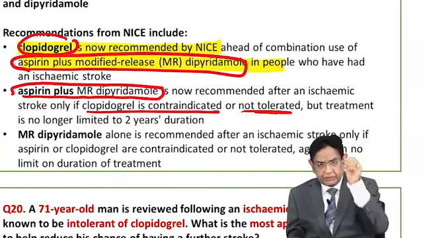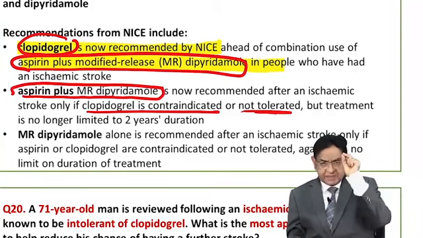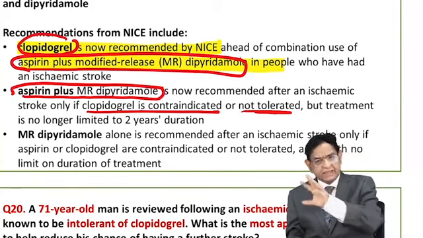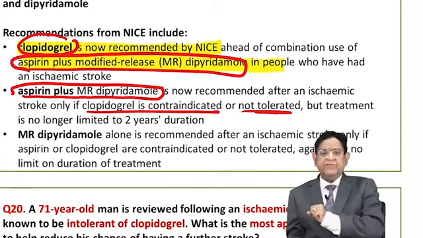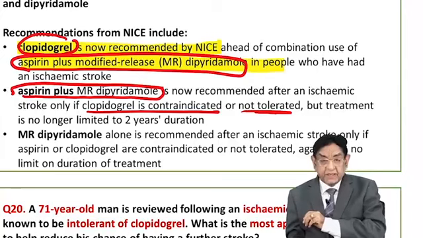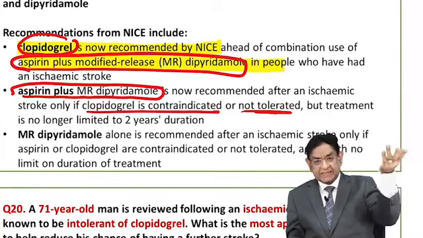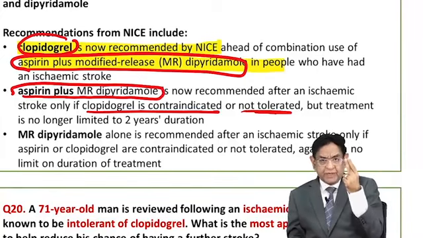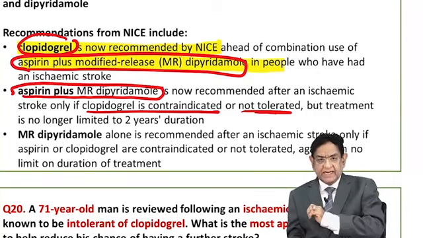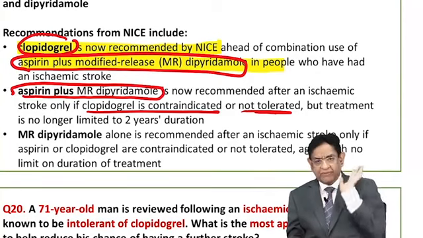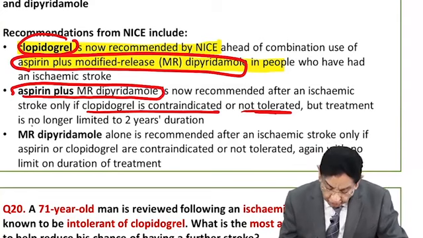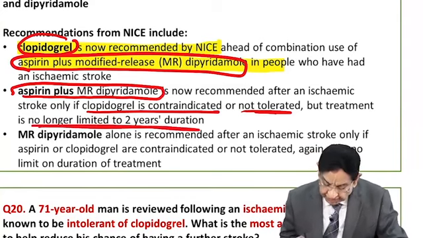If not, due to any reason, contraindication, the patient is allergic or not tolerant, then you give a combination of aspirin and dipyridamole. Previous guidelines said give dipyridamole for 2 years, but now the latest NICE guidelines say you can give lifelong, so it is no longer limited to 2 years.